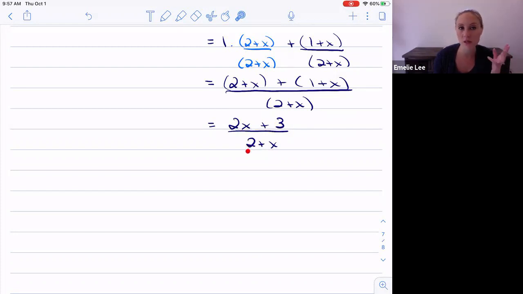Remember, x plus 2 and 2 plus x, they're the same, right? So if I could pull out a 2 plus x from the numerator, then that would be great. It doesn't look like I can, right? 2x plus 3, there's no x plus 2 in there that I could extract, and that's all right. So I guess I'm done, right?